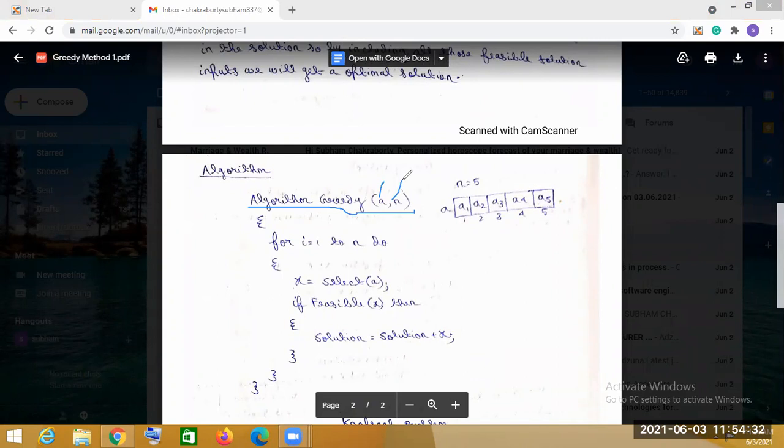Within this array some elements are present, and the number of elements will be n. So we will check from 1 to n. Here I have used 1, but if you use 0, then it will be for i equal to 0.